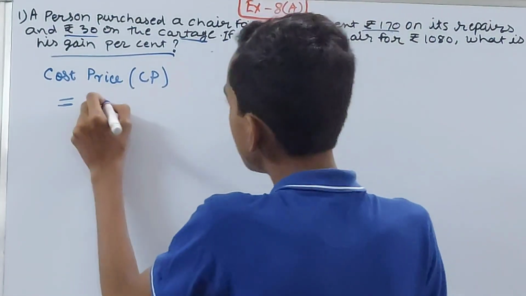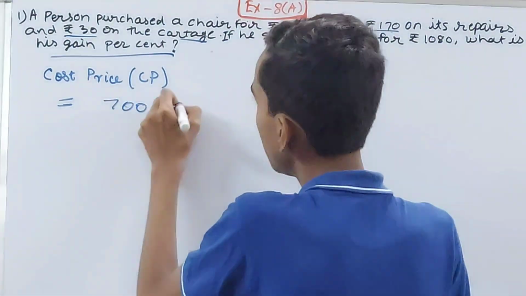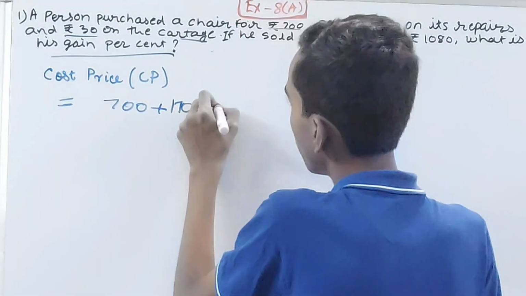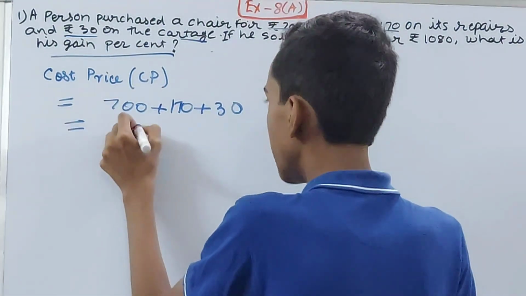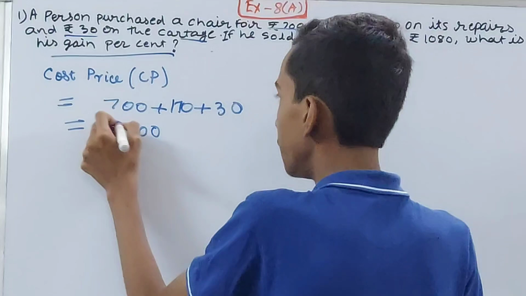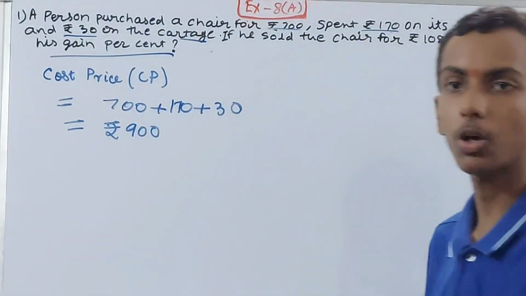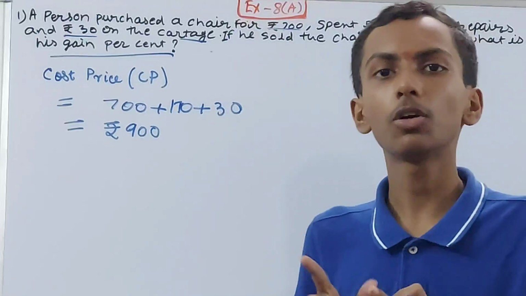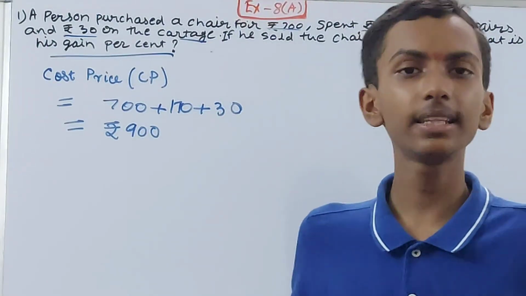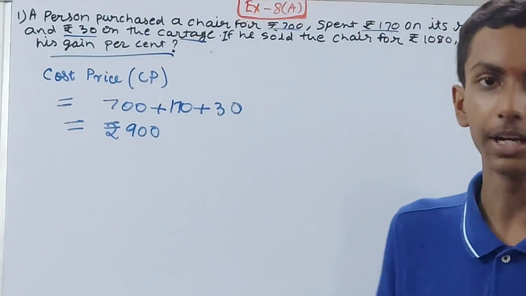The cost price will be 700 plus 170 plus 30, that is 700 plus 200, that is 900. So rupees 900 will be the cost price of the article. The total cost which came into buying the article is rupees 900.